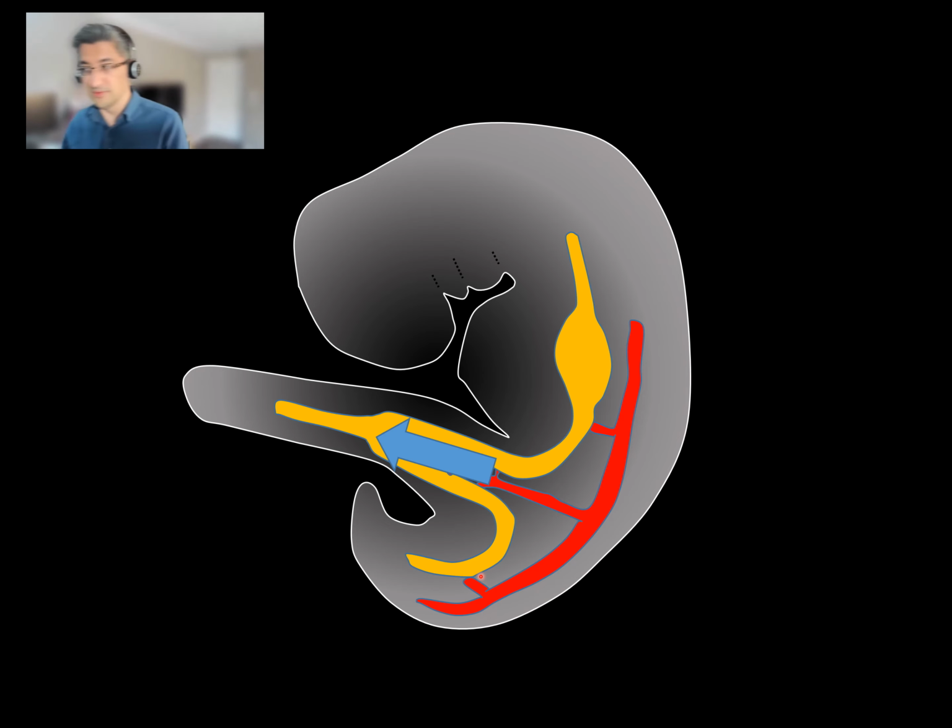During the fifth week of development, the midgut starts to loop ventrally, herniating into the umbilical cord. This growth process creates much of the resulting length of the intestines.